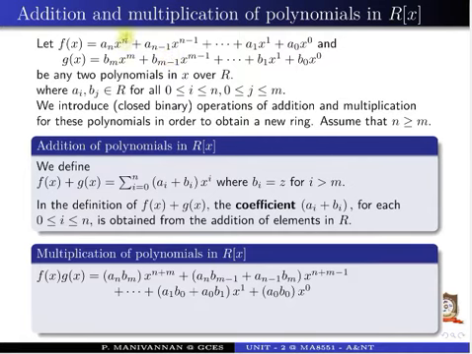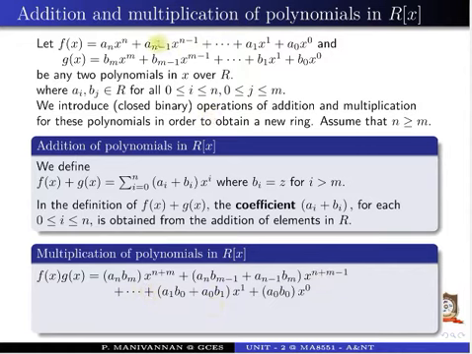Its power is x^(n+m-1). Then these two multiplied, an-1 bm, its power is also x^(n+m-1). So the coefficient is (an bm-1 + an-1 bm) x^(n+m-1), and so on.